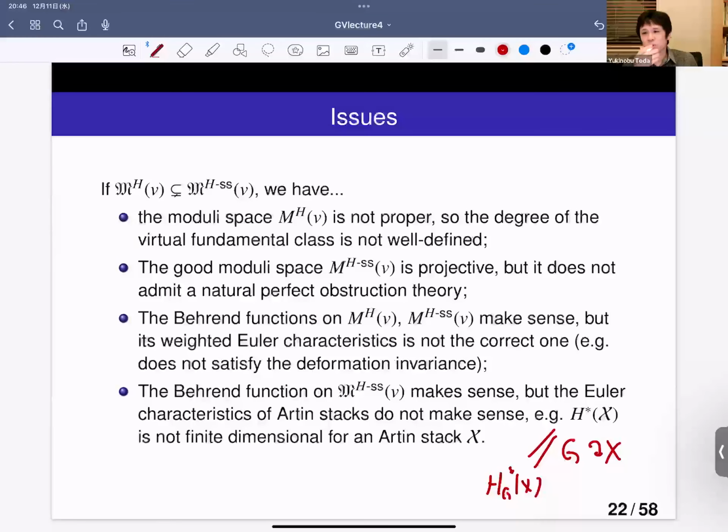So it does not make sense to consider its Euler characteristic. There are similar issues, but the last one is the way to resolve these issues. The point is that the naive Euler characteristic does not make sense, but still there is a way to make sense of the Euler characteristic of the Artin stack.